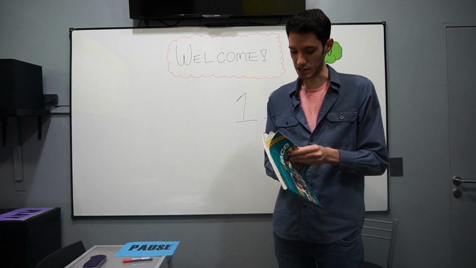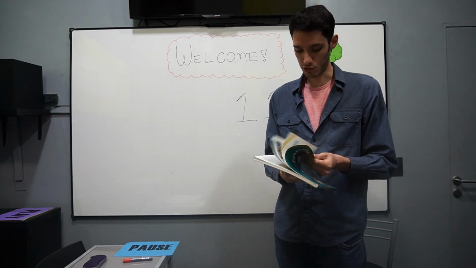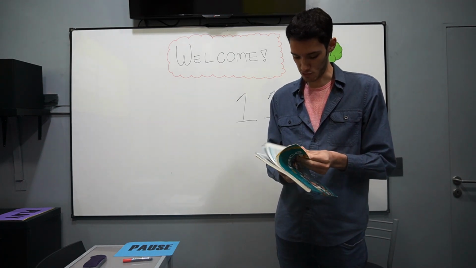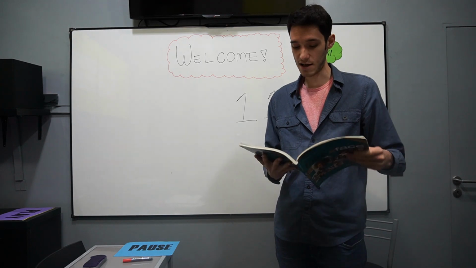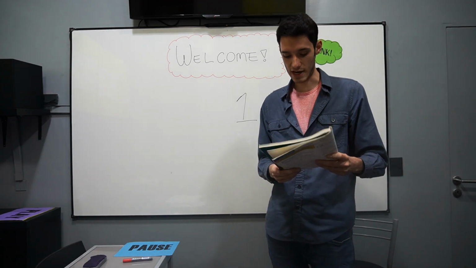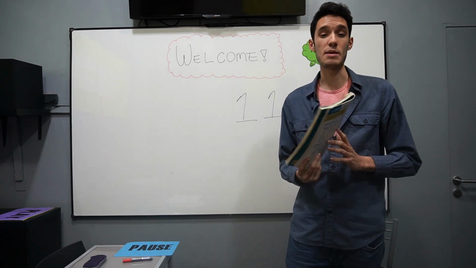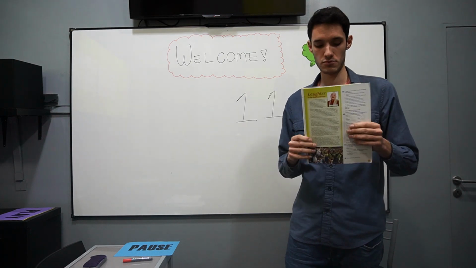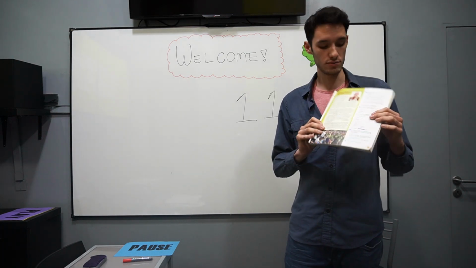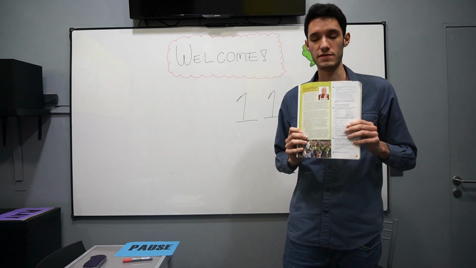Over here at the beginning of the book, what we're going to work with is a few activities that have to do with vocabulary and some prepositions, okay? So this is page 11 of the book, face-to-face.